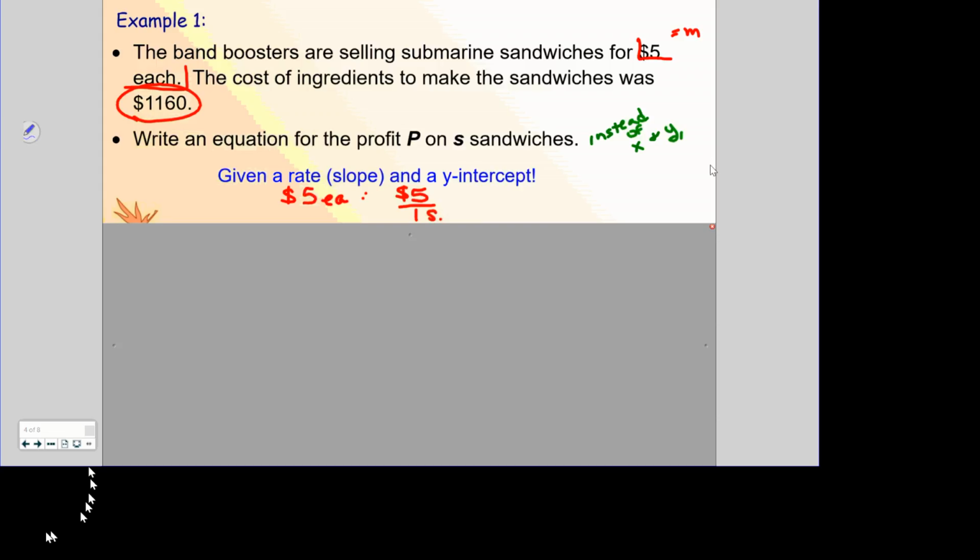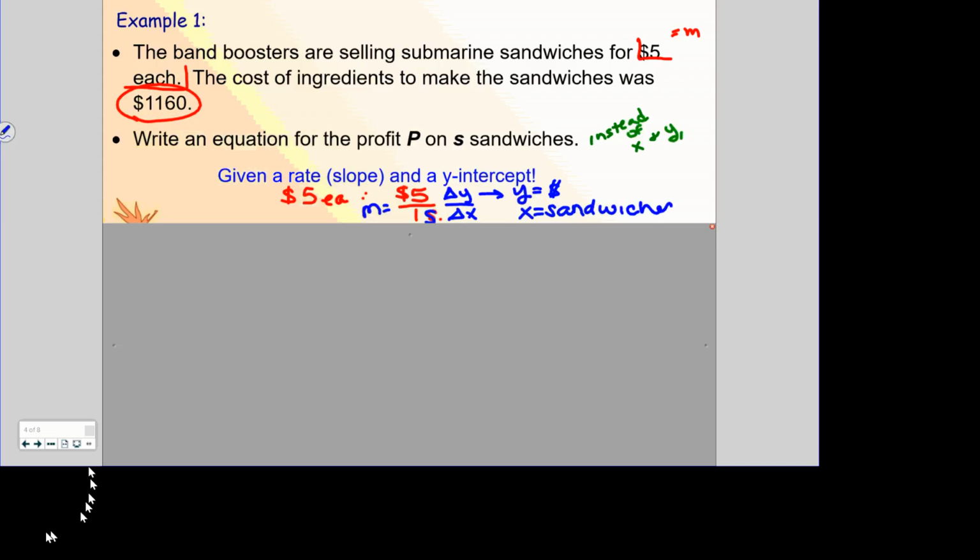I'm going to do this with units to help me identify which variable is which. So if this is my slope, and I have change in y's over change in x's, then I hope you can see that the y variable represents the cost or dollar amount, and the x variable represents the sandwiches.